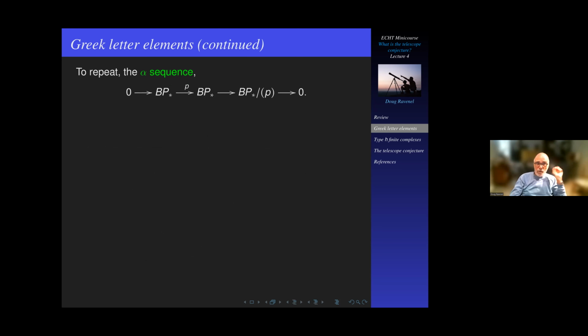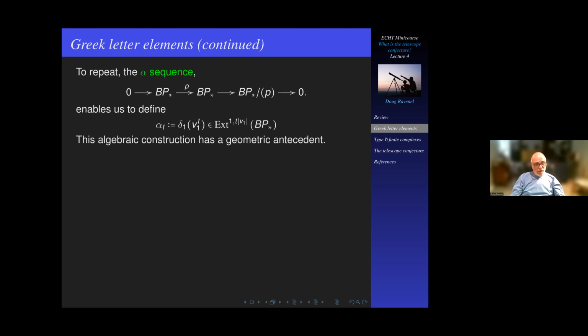So, to repeat, this is the short exact sequence that we're interested in. Ext^0 of this group consists of all the powers of v1, and we can look at the image of each positive power under the connecting homomorphism, and that gets us into Ext^1 of this thing.